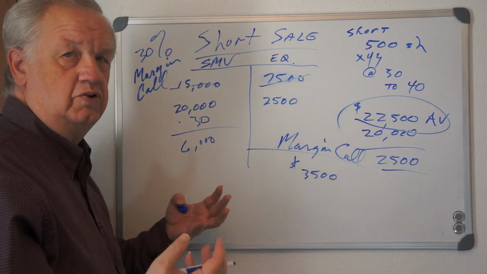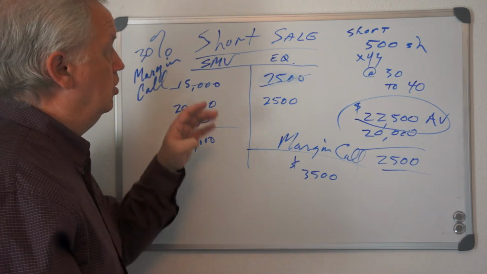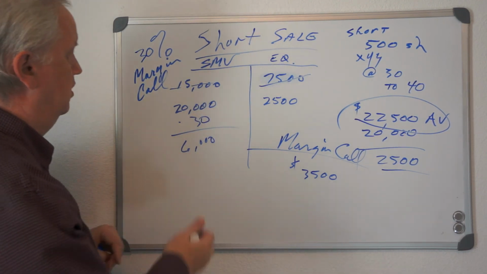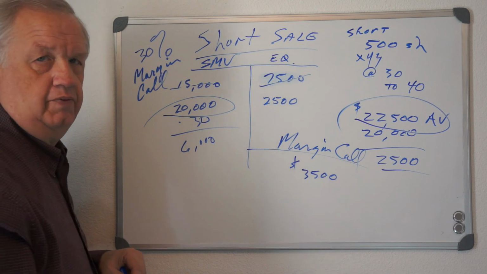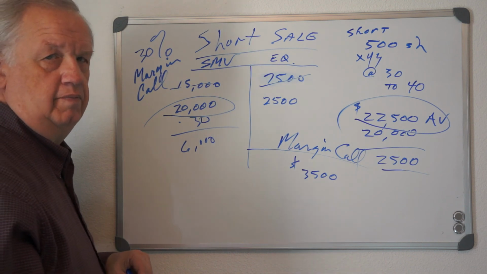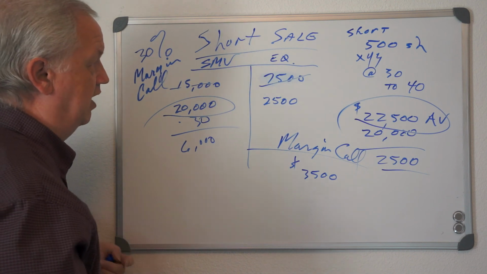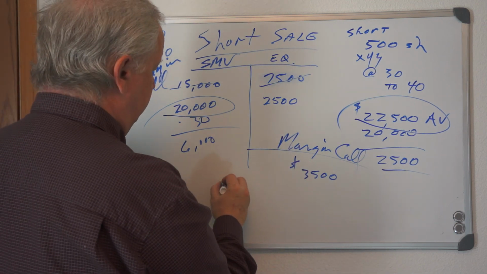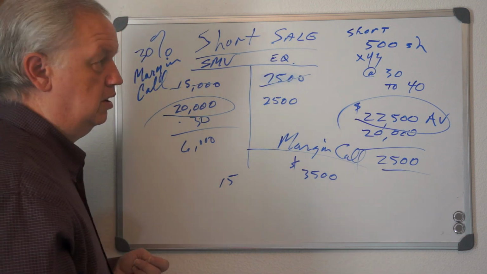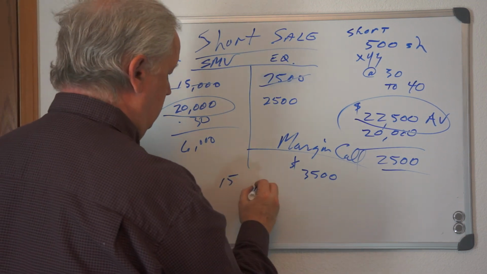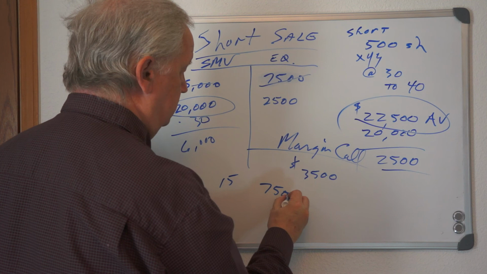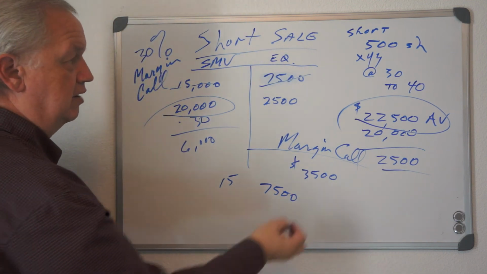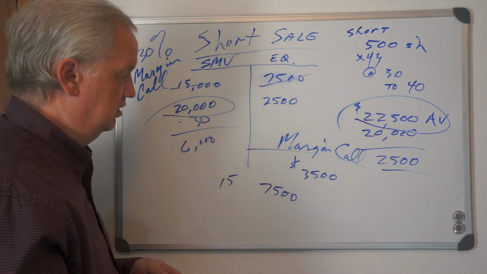To close your position, you have to buy the stock at this value. Okay? If the price goes down and instead of being at 30, it's at 15, then you only have to come up with $7,500, and you had how much in the account in the beginning? 22,500.